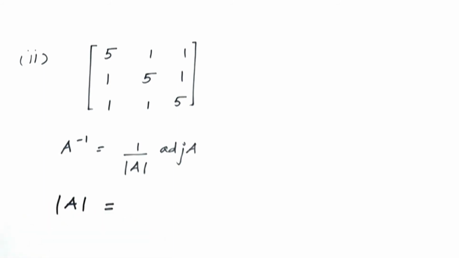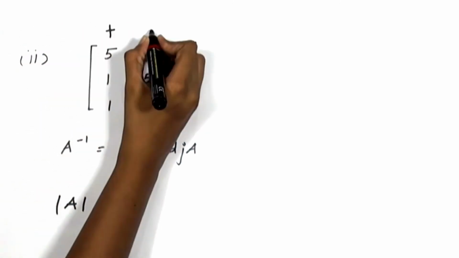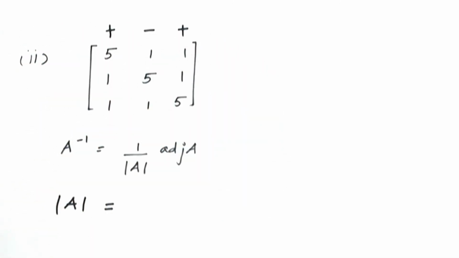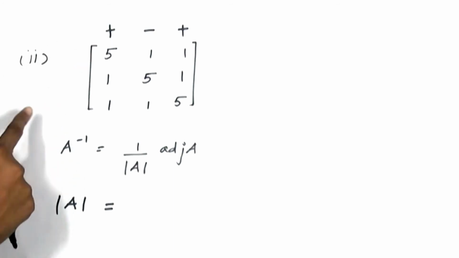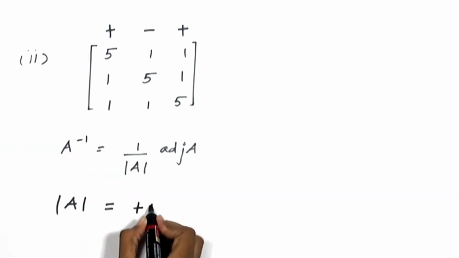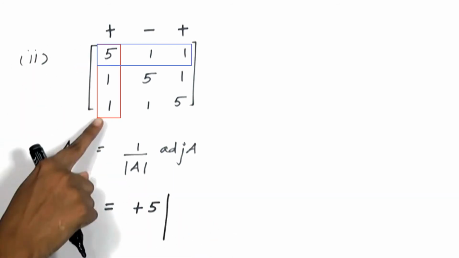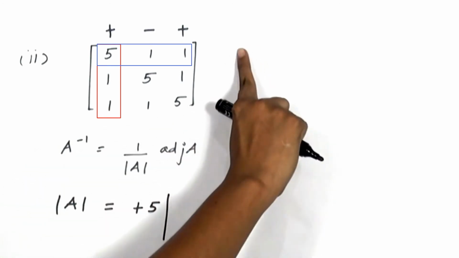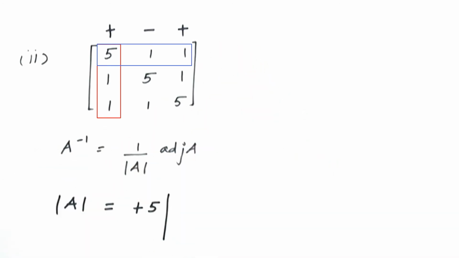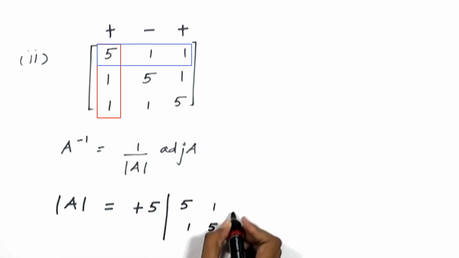For this, we'll be following the sign convention for the first row as plus, minus and plus. Now for finding the determinant A for a 3 into 3 matrix, for the first element we'll be taking +5 and cancelling out this column and this row and taking the remaining matrix, which is 5, 1, 1, 5.